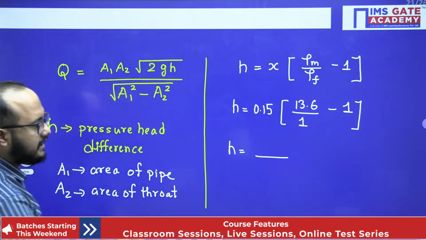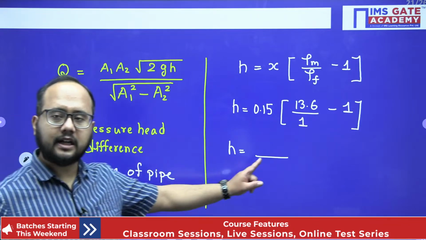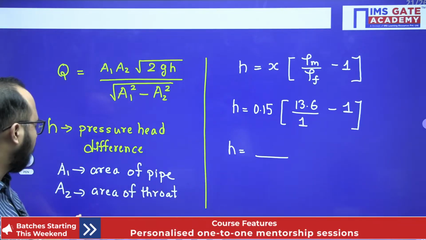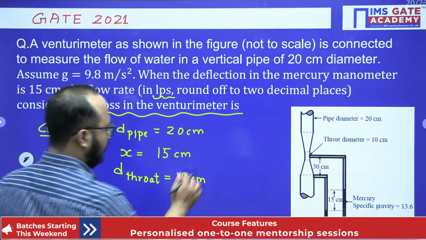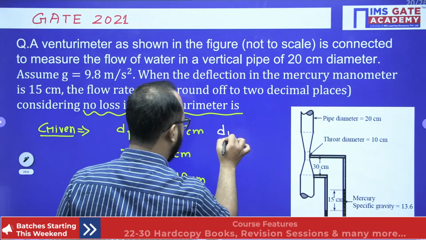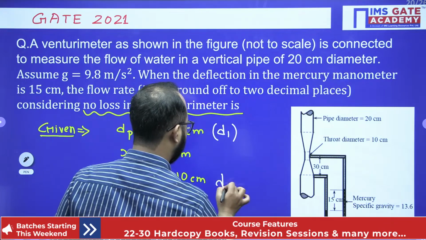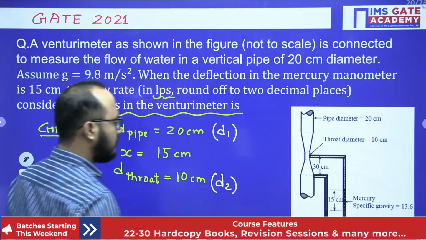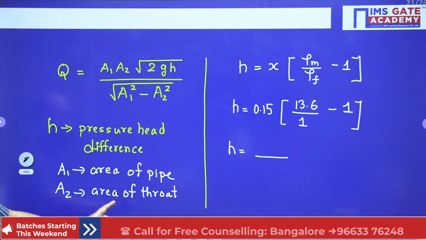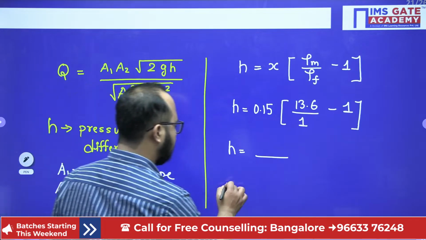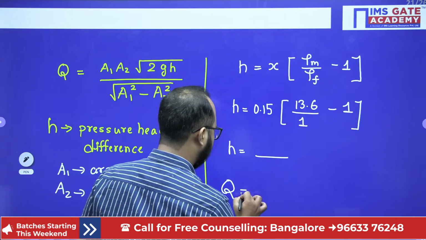All the data is already given. H you can calculate from this one. A1, A2 already given because dia is given for pipe and throat. Let's suppose I'm considering this D1, this D2. Area we can calculate as pi by 4 D square. Just put all those values and tell me what will be the final answer of discharge here.